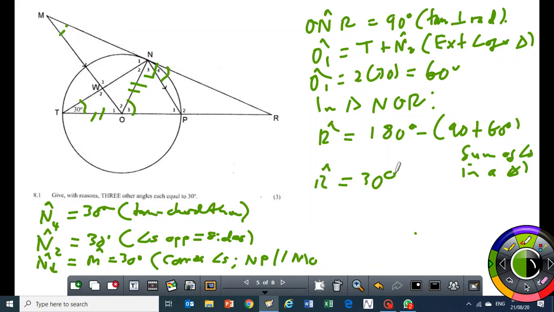So, angle M, how many of you saw that it's equal to 30?